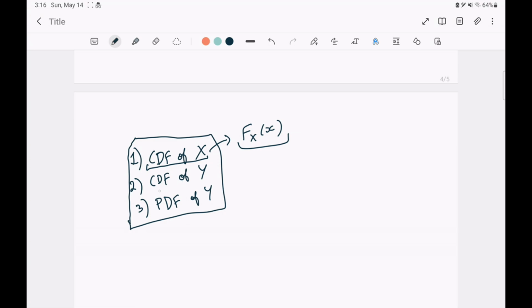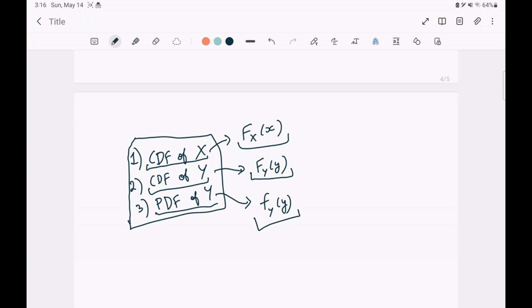Then using this we will find the CDF of y, which would be this. And once we have the cumulative distribution function of y, we will find the probability density function of y by differentiating it.